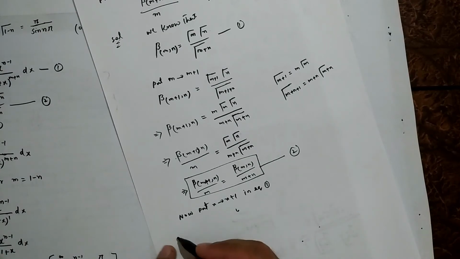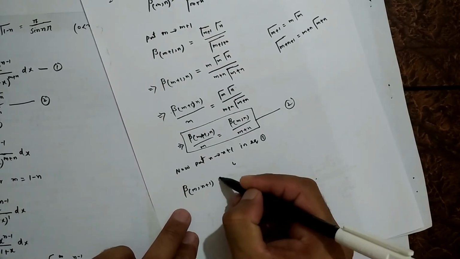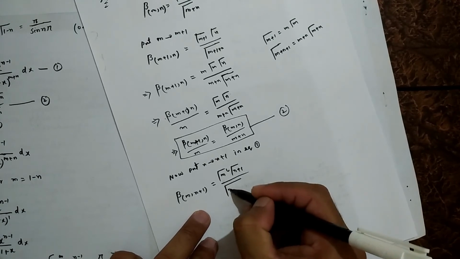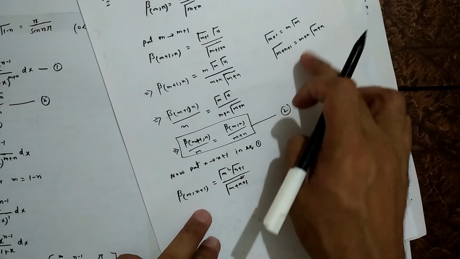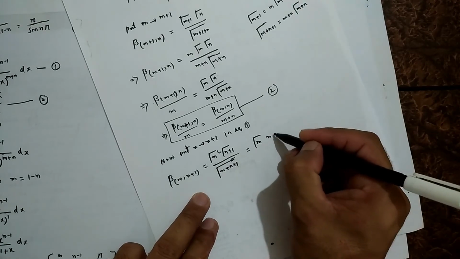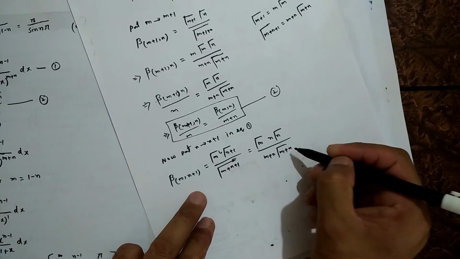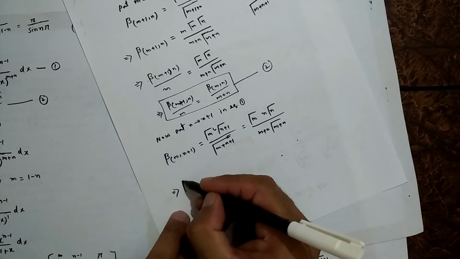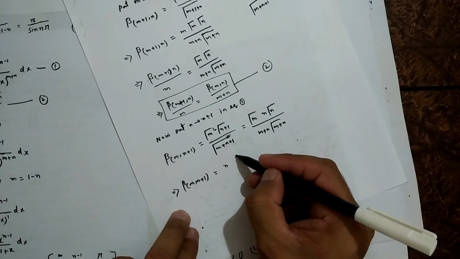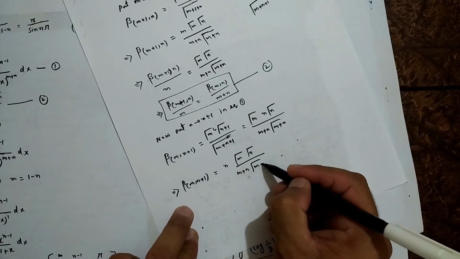Therefore beta (m, n+1) will be equal to gamma m into gamma (n+1) upon gamma (m+n+1). Again, using the same properties, we will have gamma m into n times gamma n upon (m+n) into gamma (m+n), so beta (m, n+1) will be equal to n into gamma n upon (m+n) times gamma (m+n).